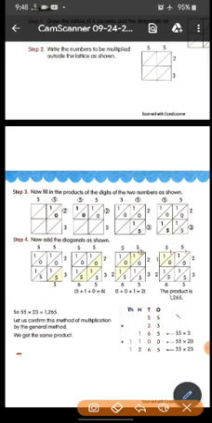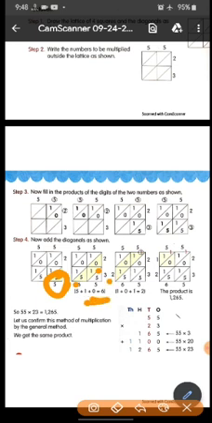Now multiplication is done. Now we have to add all the numbers diagonally. We only have to follow the lines drawn. We have to add in the way the diagonals are separating the numbers. So first we will write the last one, which is 5. Then the next diagonal, we will add 5 plus 1 plus 0, which gives us 6.